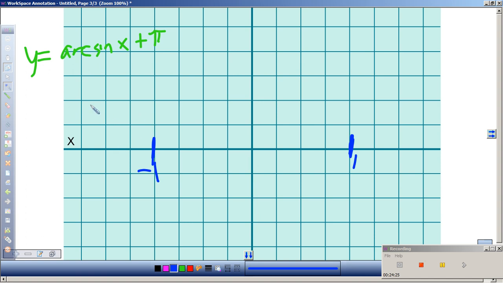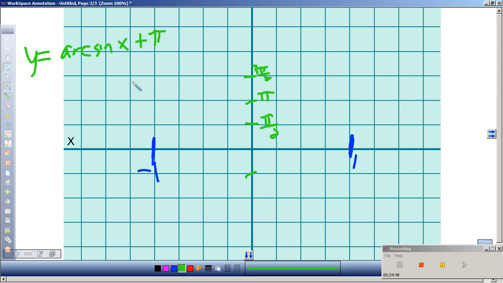And normally we go from negative pi half to pi half. So let's plug in a number. If we plug in negative 1, what is the arc sine of negative 1? But we want sine between what two values? Negative pi half and pi half.